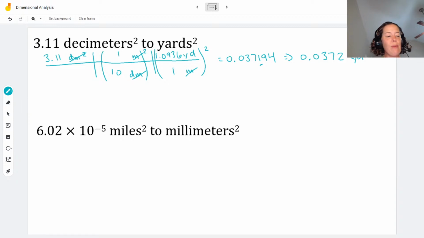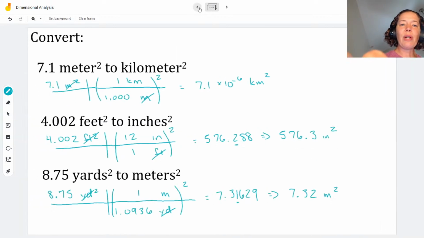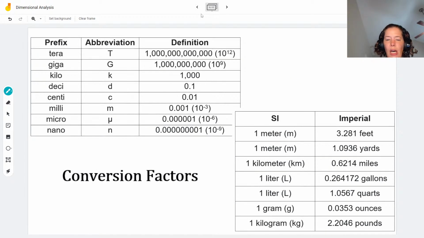All right, let's do one more with area, dealing with our squared factors. So this time I'm going from miles squared to millimeters squared. So again, this is going to take multiple conversions. Let's go back to our conversion factor. So if we're starting with miles and we need to go to millimeters, then what I'm going to do is go miles to kilometers.